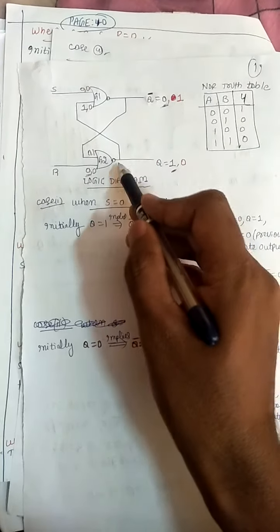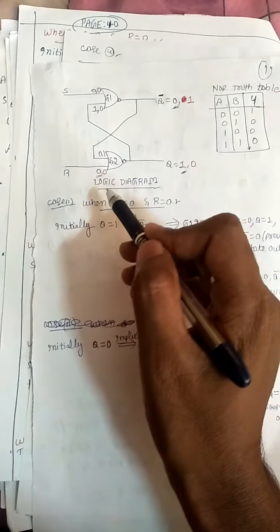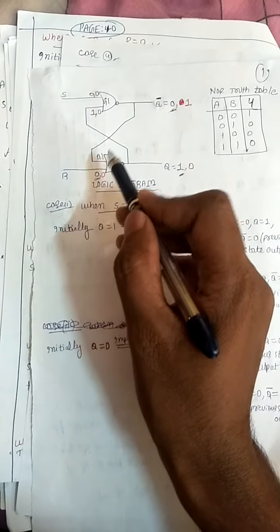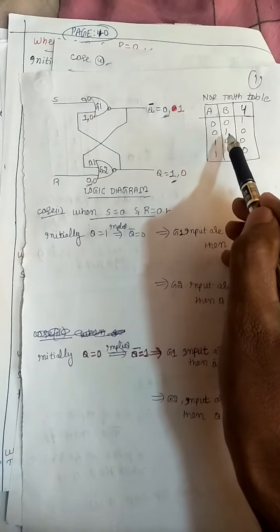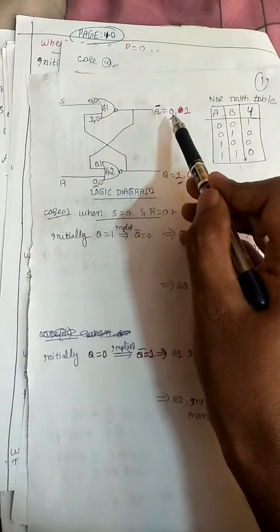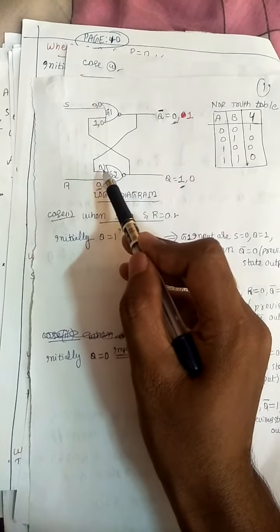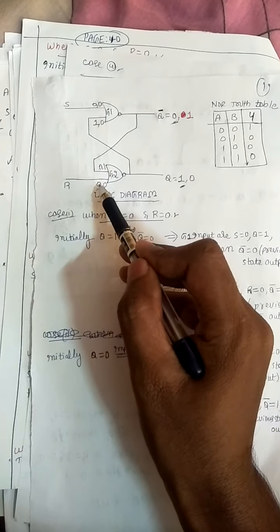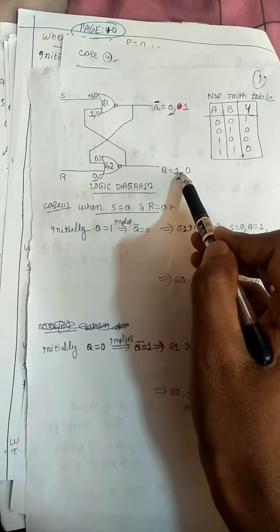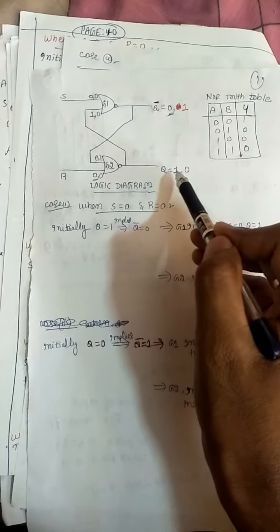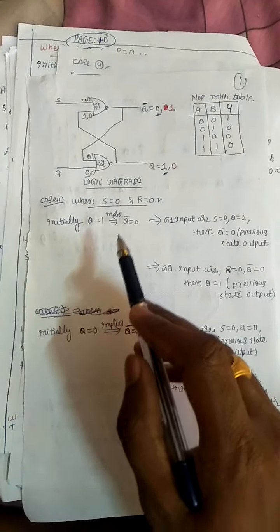This 1 will appear here, and this 0 will appear here. You have to look at the first digits. If you have inputs 0 and 1, the output is 0, the same as the previous state output. Then you look here: if inputs are 0 0, then the output is 1, which is your previous state. So that is one case.